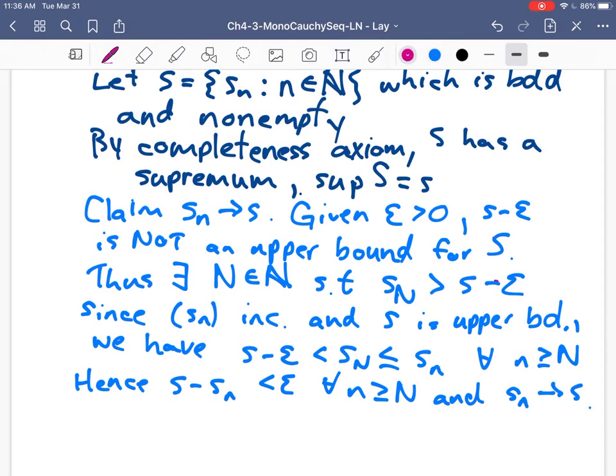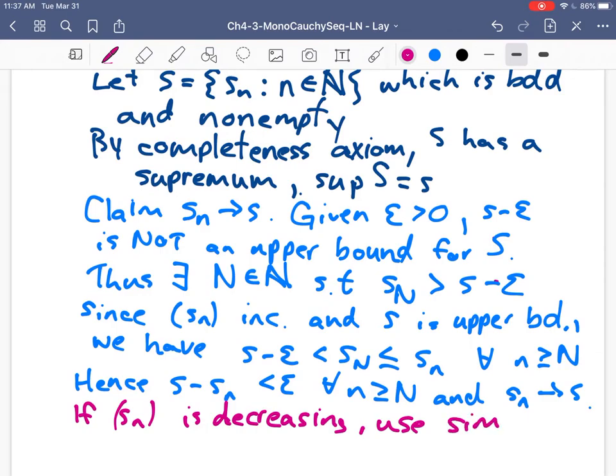If our sequence S sub n is decreasing instead, use a similar argument with an infimum.